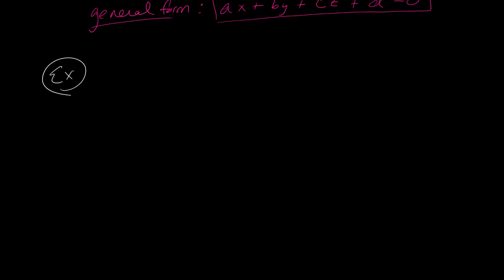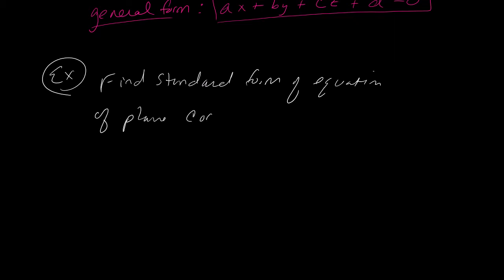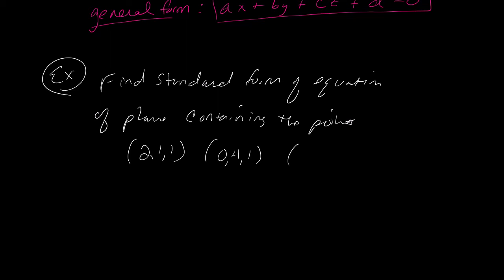Let's find the standard form of the equation of the plane containing the points (2, 1, 1), (0, 4, 1), and (-2, 1, 4).